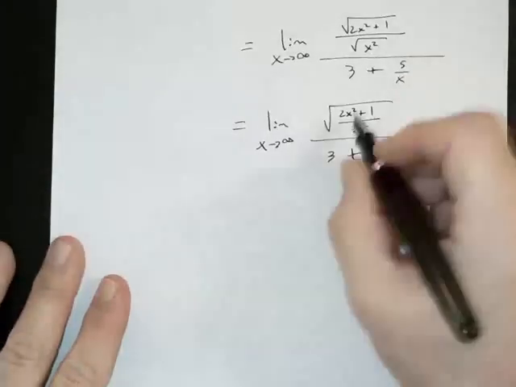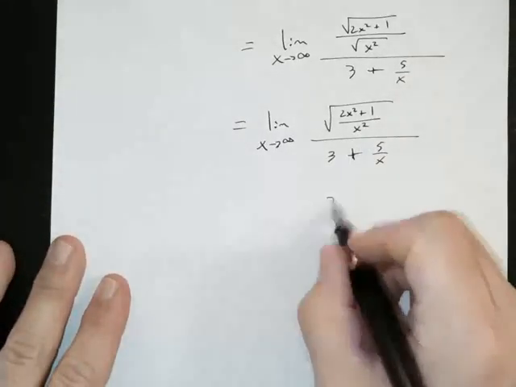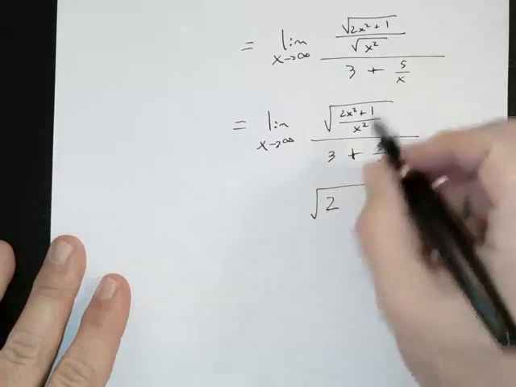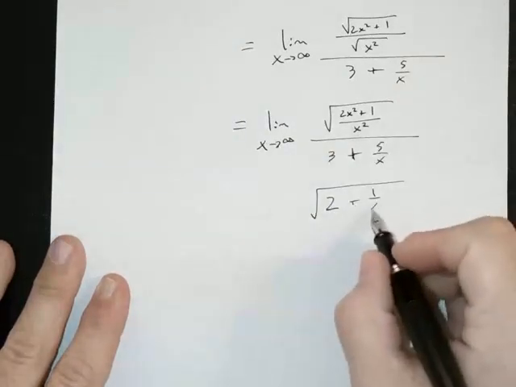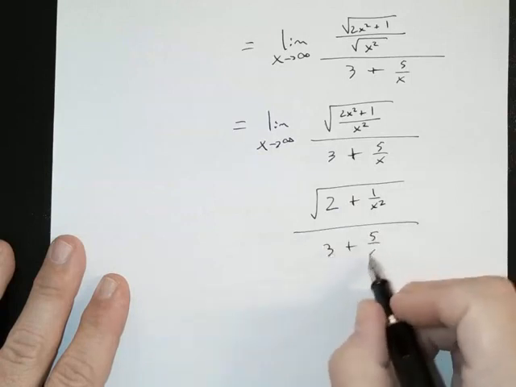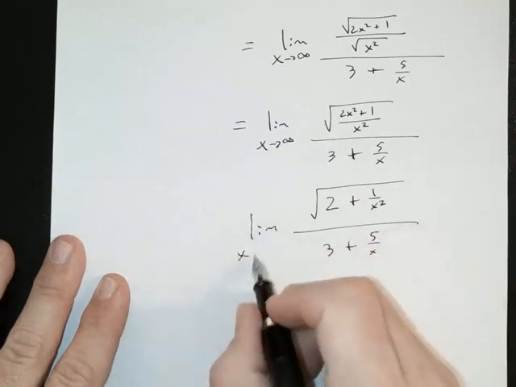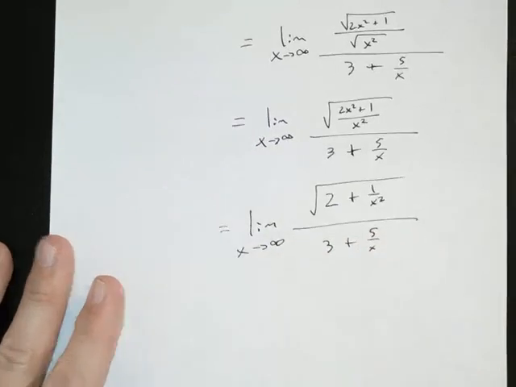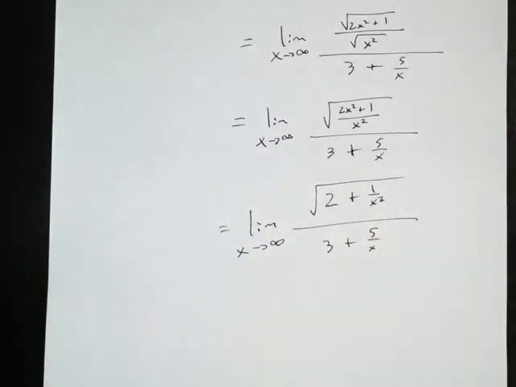That becomes 2x squared over x squared. That's just a 2. But it also is 1 over x squared, which stays there. But now I'm actually really happy to see this, because what happens as we go off to infinity to 1 over x squared? What happens to 5 over x? It's 5 times 1 over x.